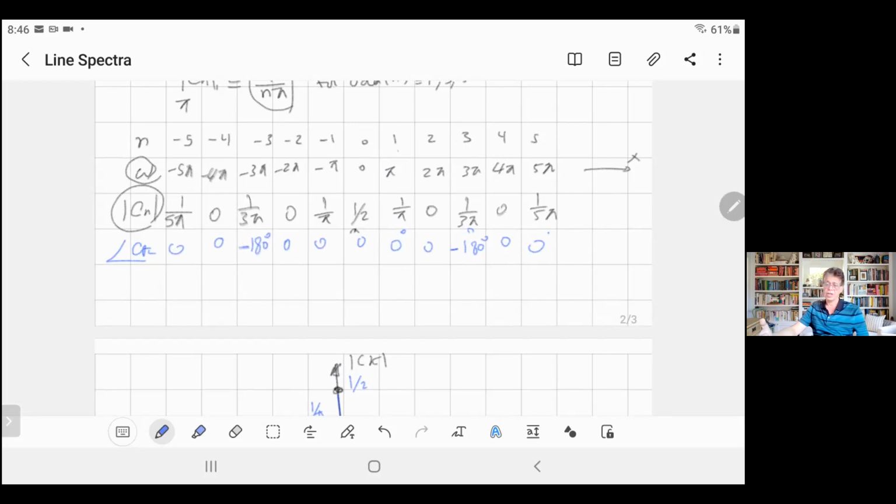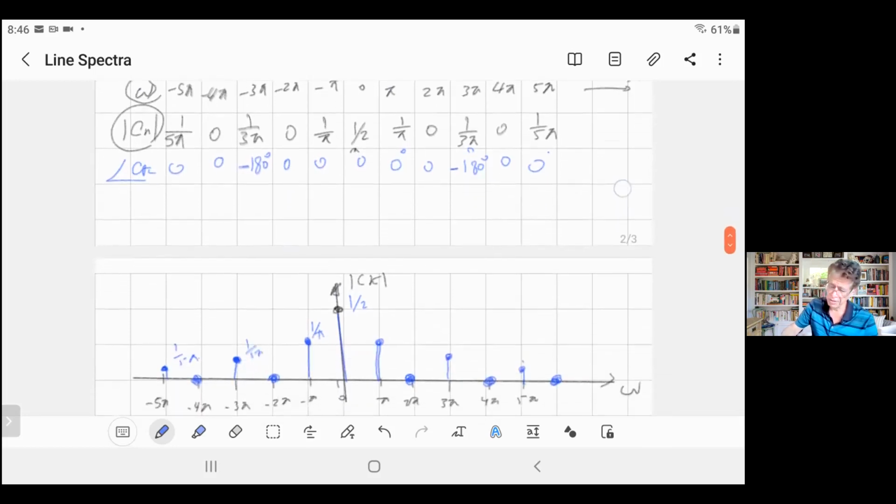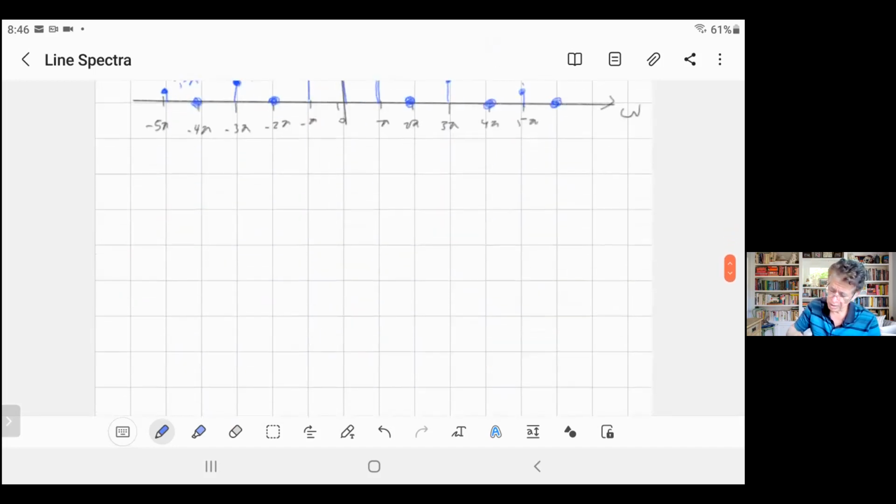Now how do you sketch it? Very simple, the same thing. I will make the same axis here and choose 0 here. That's at 0. Pi, 2 pi, 3 pi, 4 pi, 5 pi, and minus.